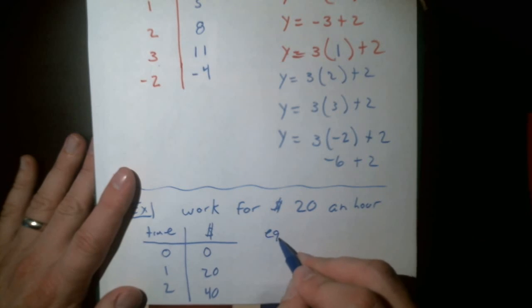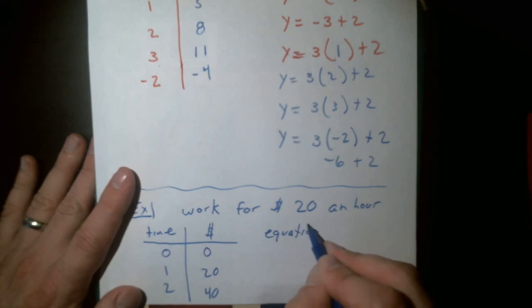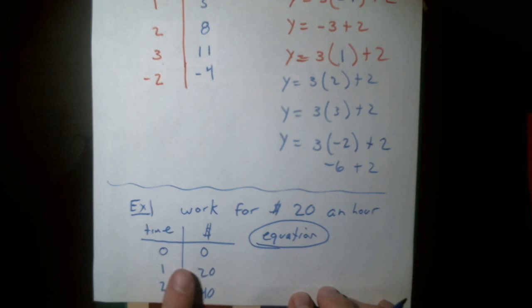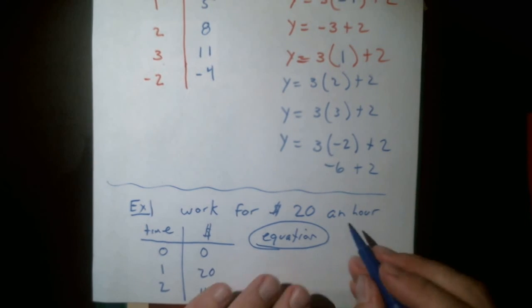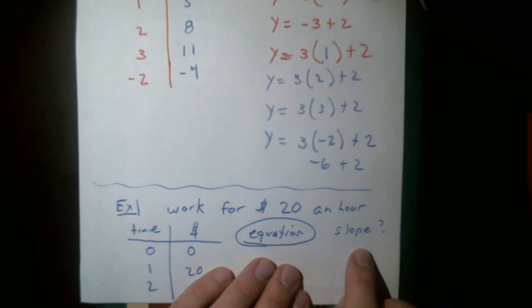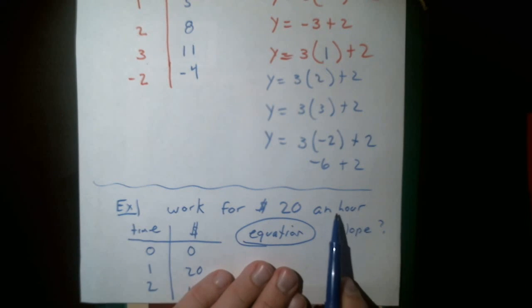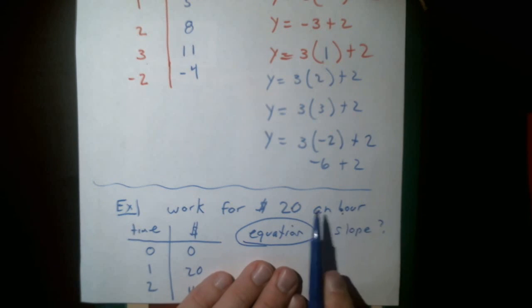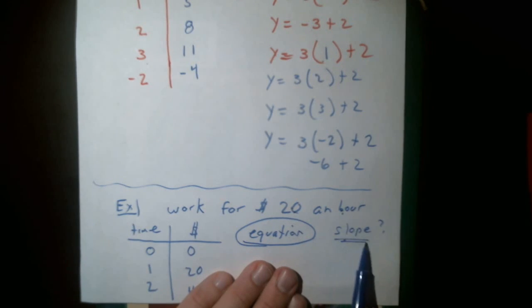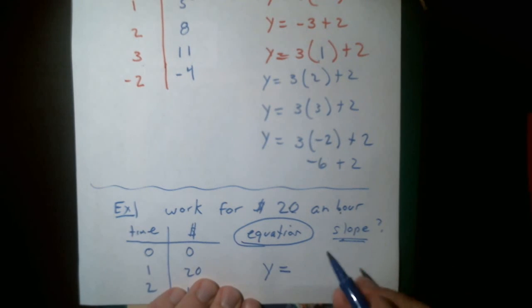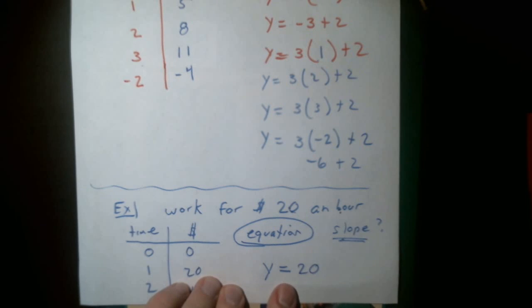Now let's make an equation. How do you make an equation? Well, what's the slope? What's the rate of change? For every hour, you get $20. That's what we call the slope. So y equals what? 20 times what?